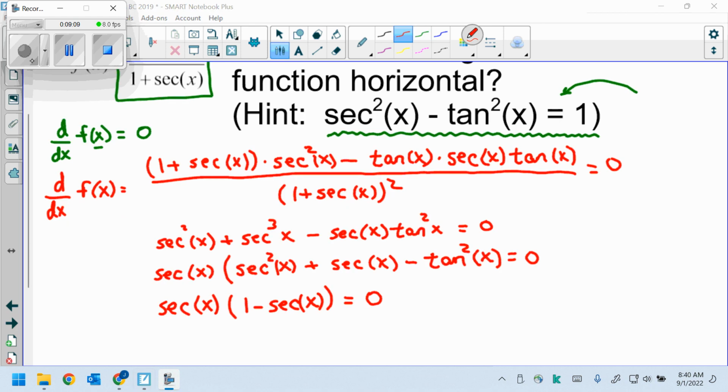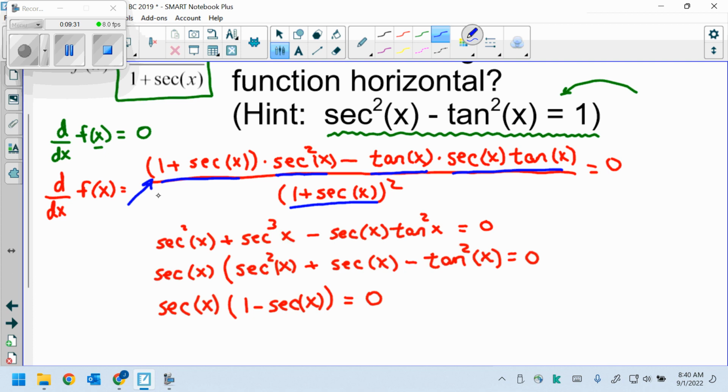All right, so here's what I've done. I've done a low d high minus high d low over low low. And then I actually multiplied this stuff out on top.